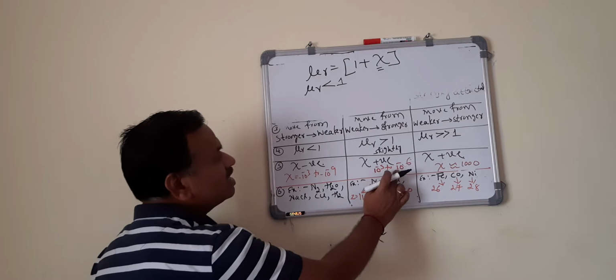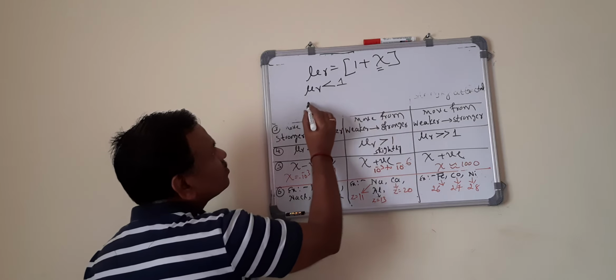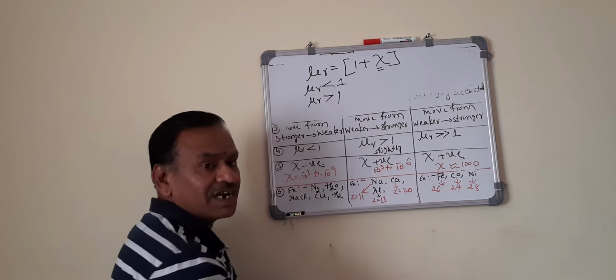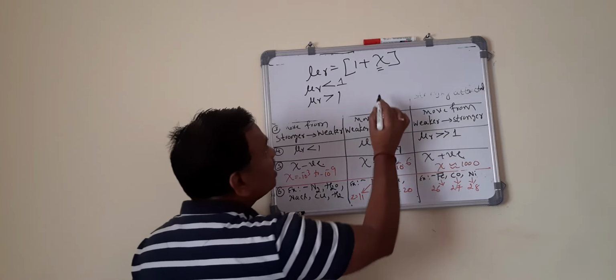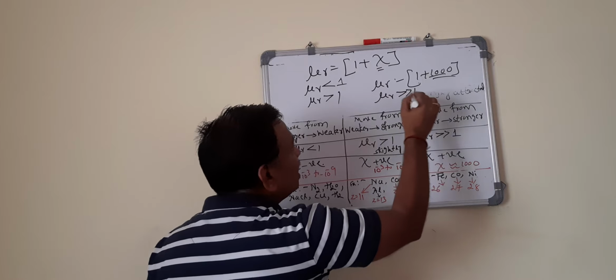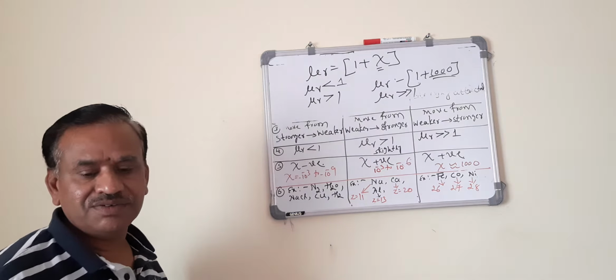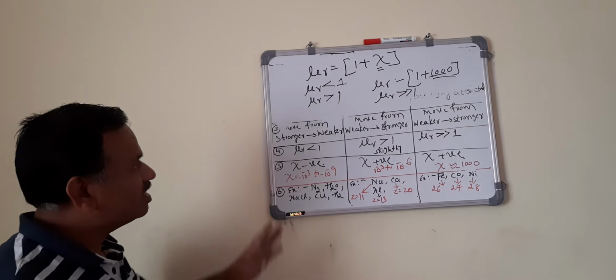But for paramagnetic material, chi is positive, so mu r is greater than 1. For ferromagnetic material, mu r equals 1 plus 1000, a very high quantity compared to 1. So this mu r is greater than 1. Students, don't forget here.